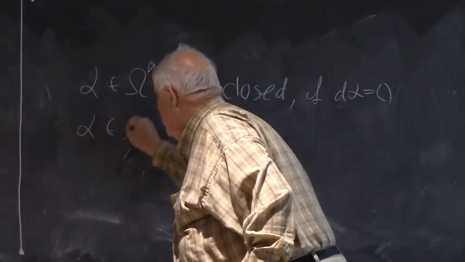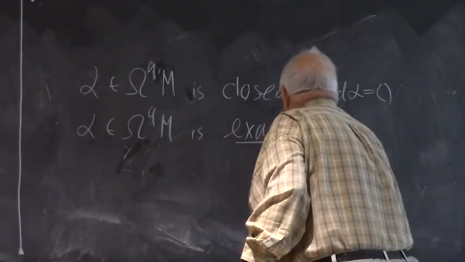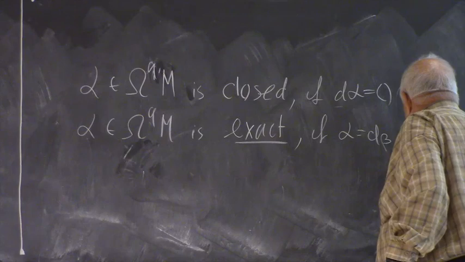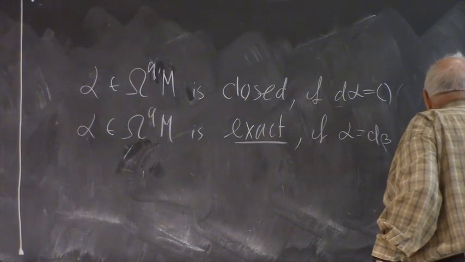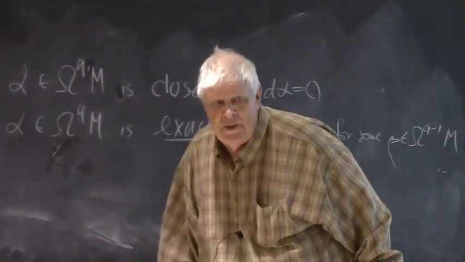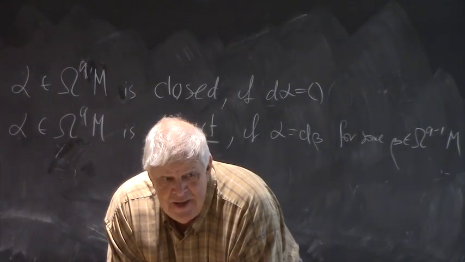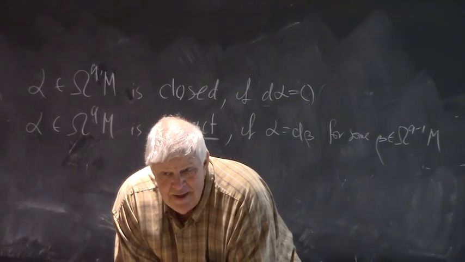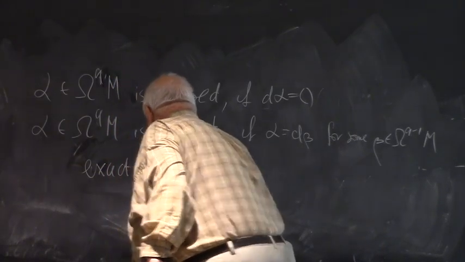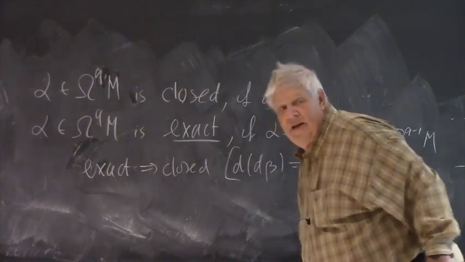A form alpha is called exact if alpha is equal to d beta for some beta in omega q minus 1 of M. Closed forms as well as exact forms form subspaces of omega q of M, but I want to say that the fact that dd is 0 implies immediately that every exact form is closed. Since d of d beta is 0, right?